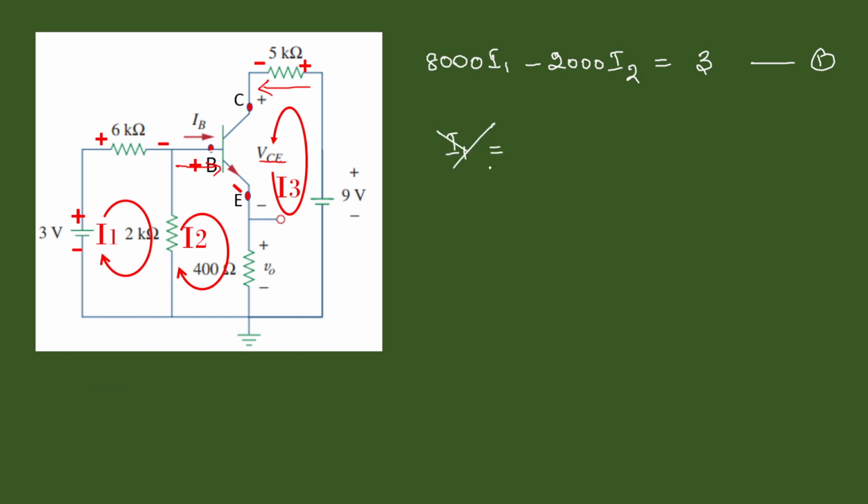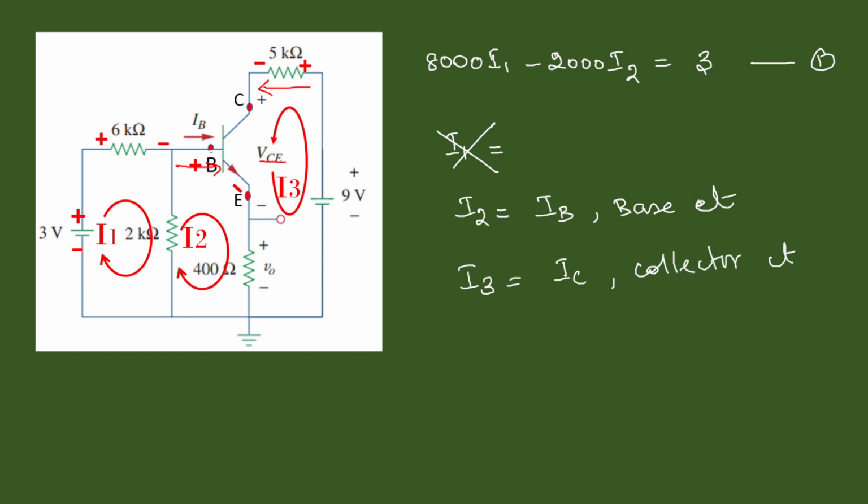So this I3 current is the collector current. I1 current is not a transistor current. But this I2 is nothing but IB, the base current of this transistor. Similarly, this I3 is nothing but the IC current, that is the collector current.